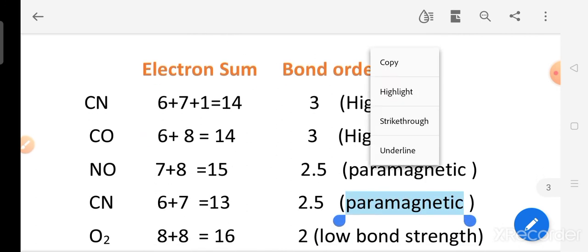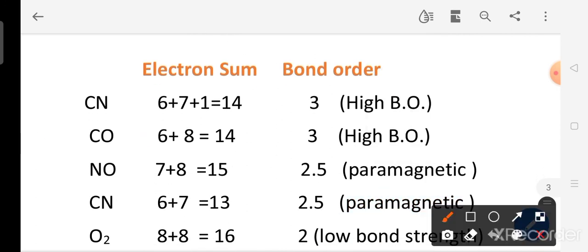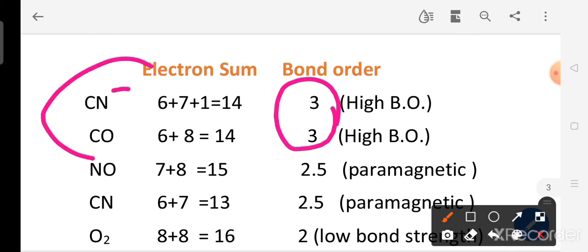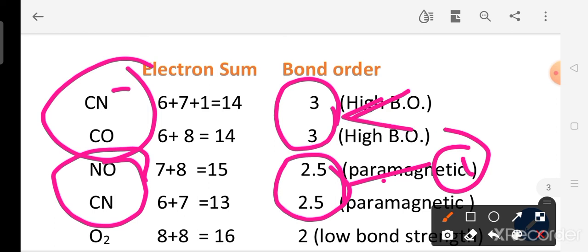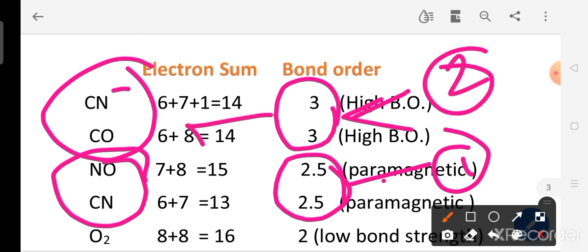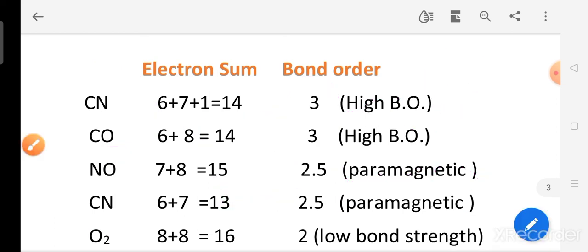There are two pairs of species having the same bond order. The first is CN minus and CO, and the second is NO and CN, because the bond order of those is 2.5 and the bond order of the others is 3. So they are two different groups.